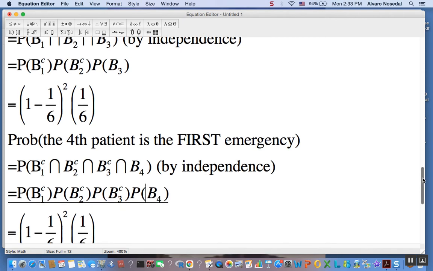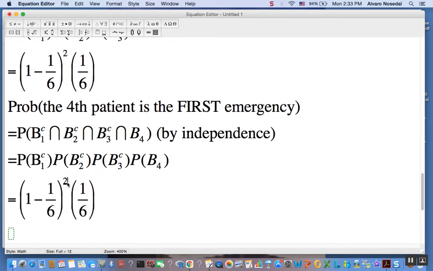So we have 1 minus 1 over 6 cubed times 1 over 6, right? So now we're ready to come up with the general formula.